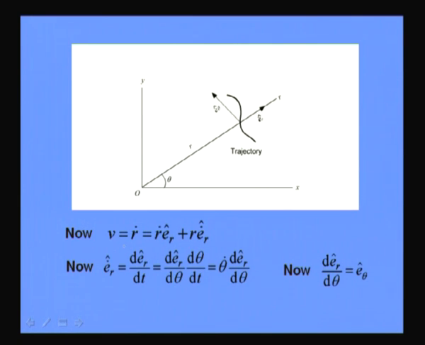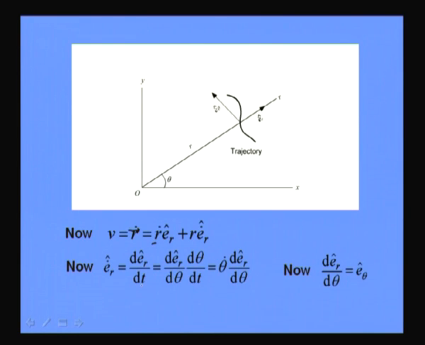That is equal to r dot, which is a scalar, into Er plus r, which is a scalar quantity, into the differentiation of the unit vector, that is Er dot. Now, r dot is basically dr by dt, because the particle is moving, its radial position keeps changing, therefore dr by dt will not be 0.